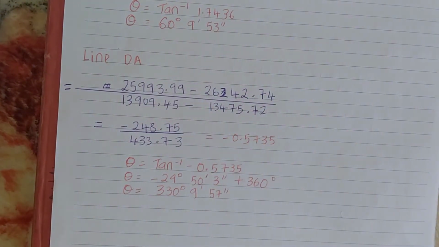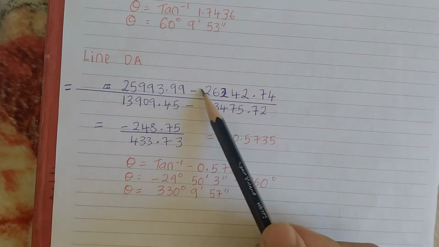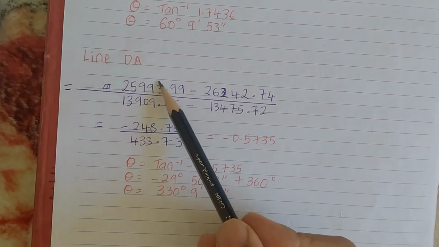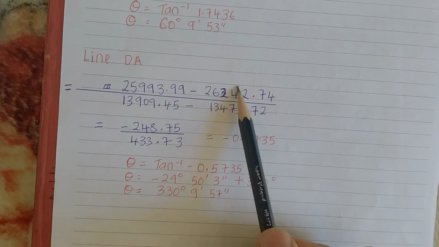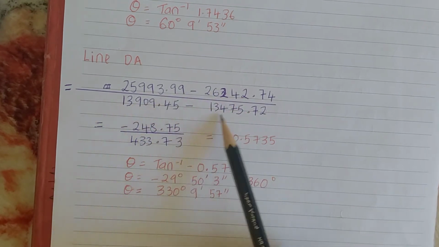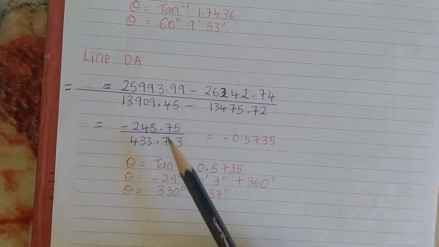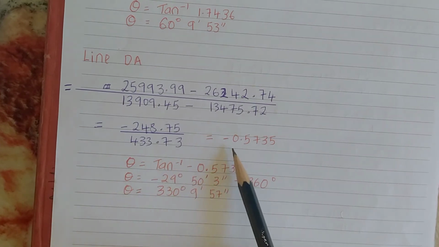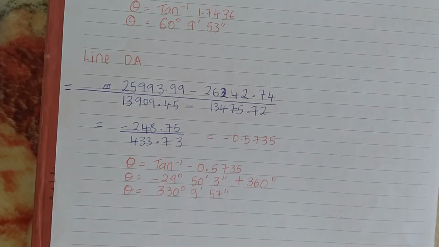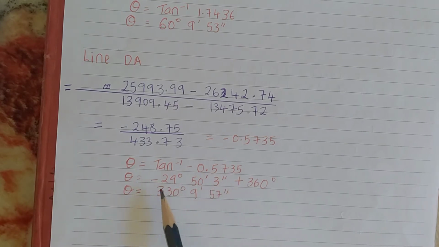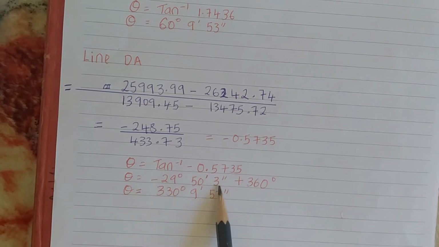For line DA, these are the coordinates. So this is our easting 2 minus easting 1, northing 2 minus northing 1. When you calculate this, you'll get negative 0.5735. When you find the tan inverse of negative 0.5735, you'll get negative 29 degrees 50 minutes and 3 seconds.